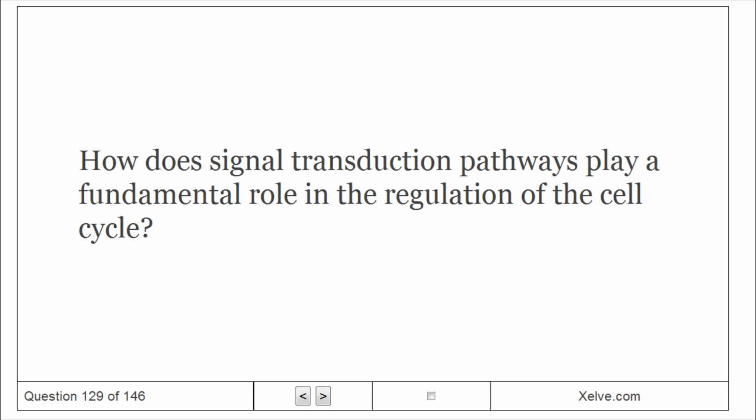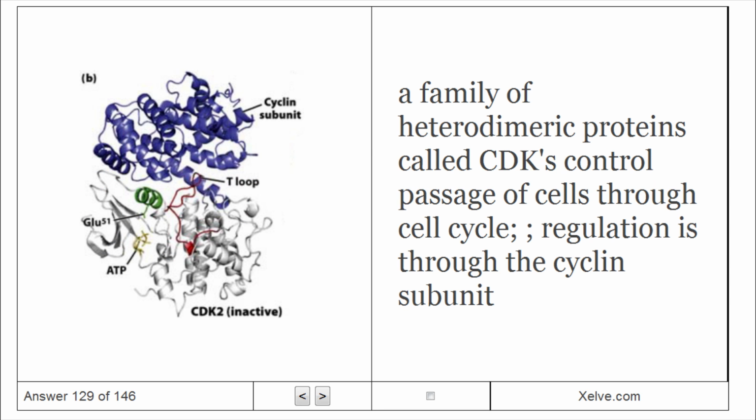How do signal transduction pathways play a fundamental role in the regulation of the cell cycle? A family of heterodimeric proteins called CDKs control passage of cells through the cell cycle. Regulation is through the cyclin subunit.